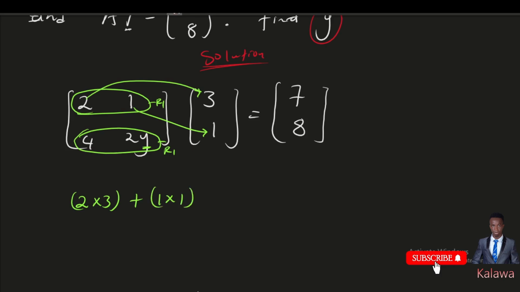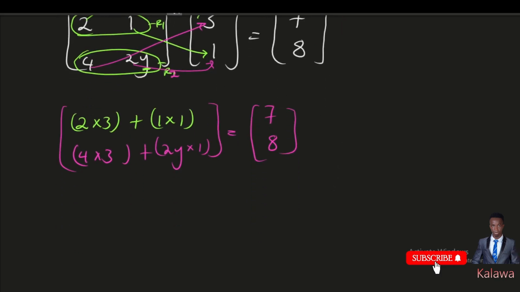And then for the second row, row 2, we see 4 multiplied by 3 again, and then 2y multiplied by 1. So 4 multiplied by 3 plus 2y multiplied by 1. And all this equals 7, 8.